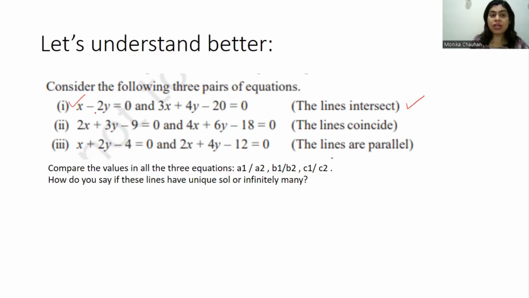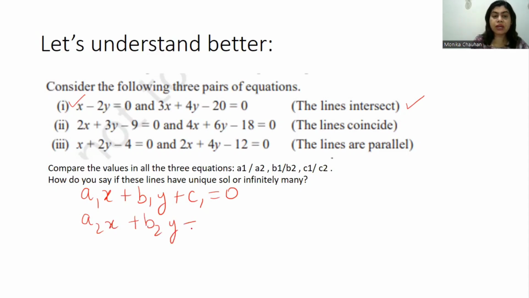We have to compare both equations with the general form of equations. I told you your first equation is a1x plus b1y plus c1 is equal to 0, and the second is a2x plus b2y plus c2 is equal to 0.